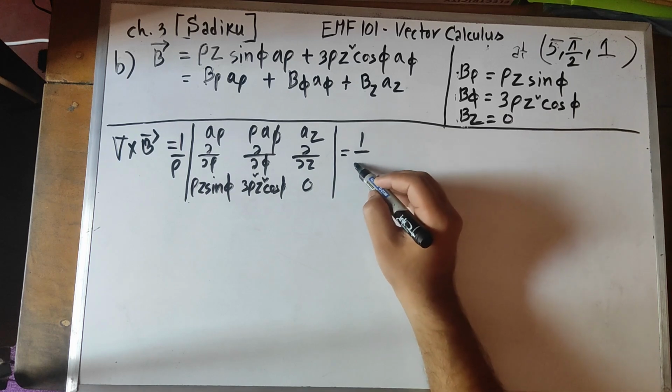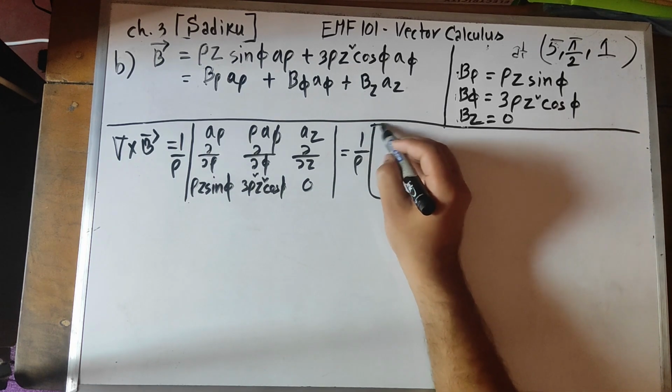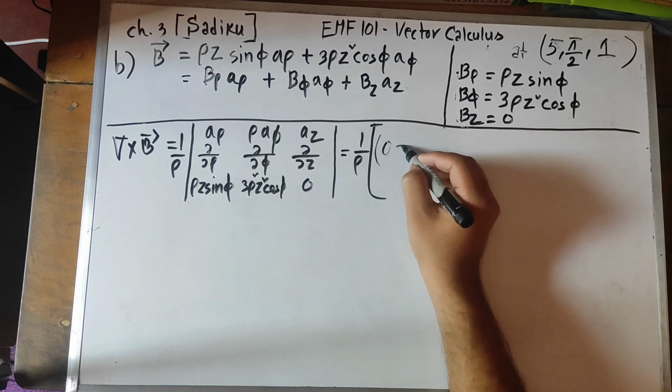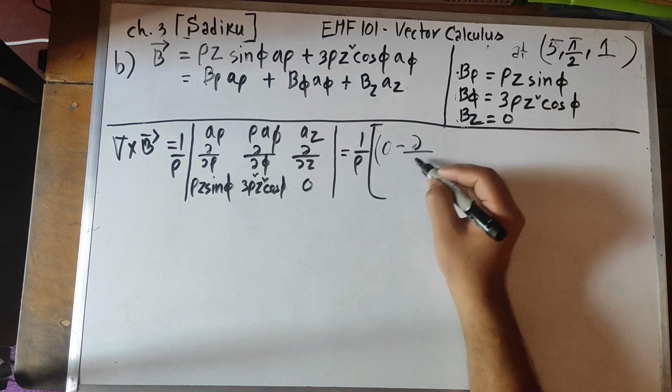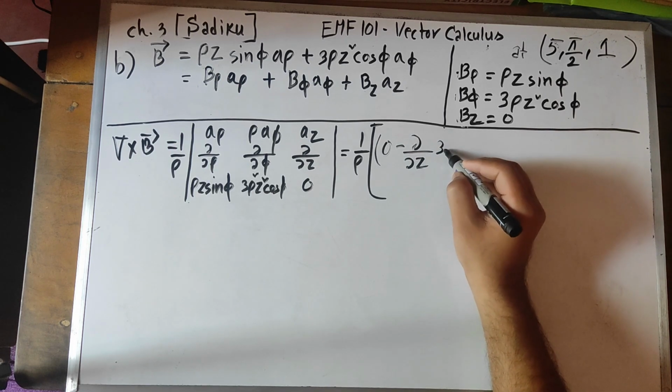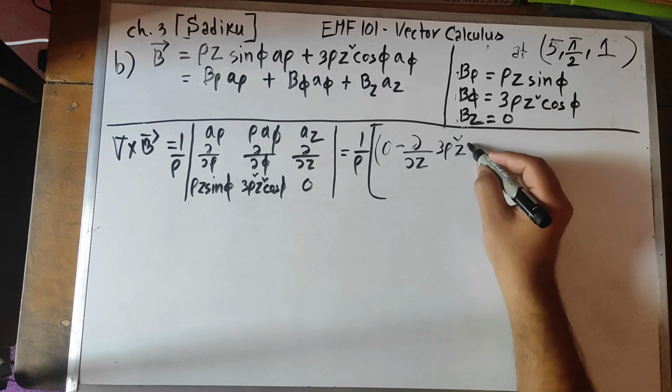So 1 by rho, 0 minus partial differentiation with respect to z of 3 rho square z square.